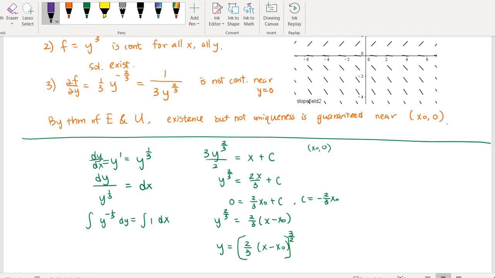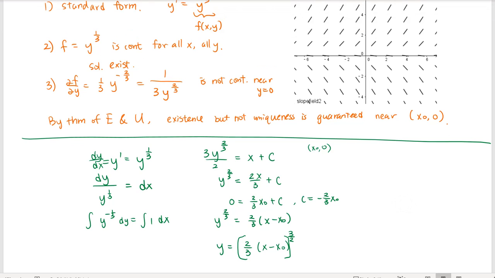Furthermore, there is actually more information. This means we take the cube root and then we square. So this guy is always greater than or equal to 0, right?